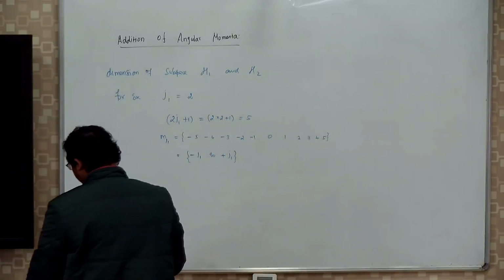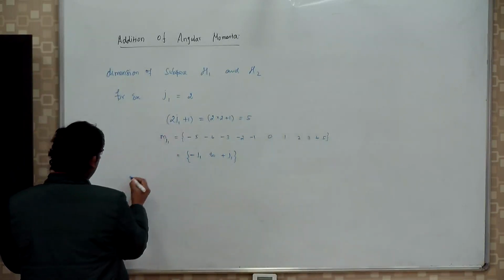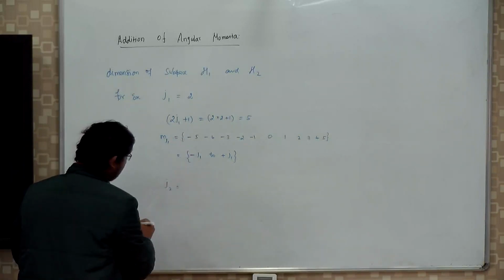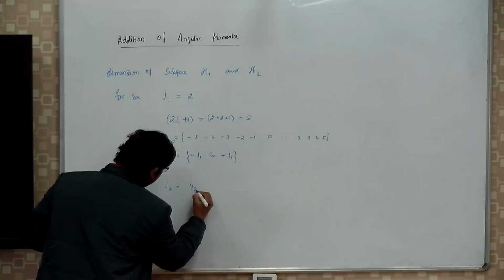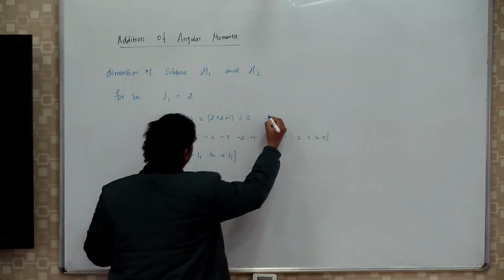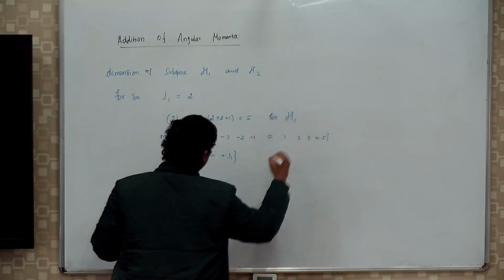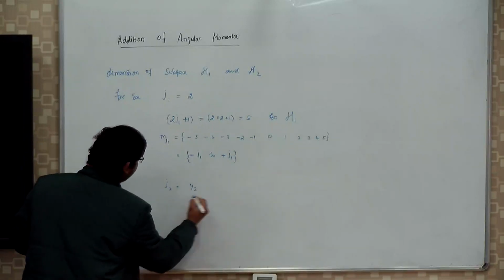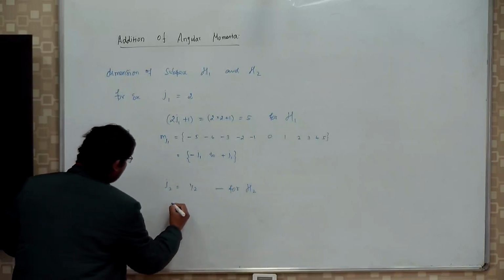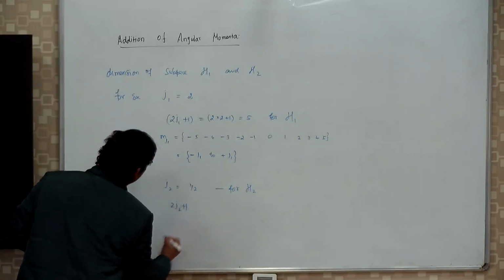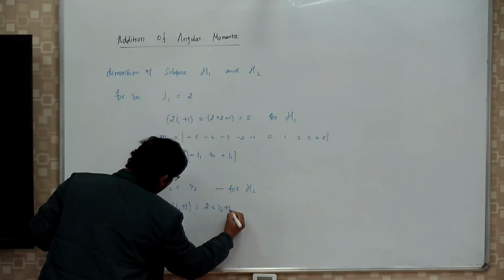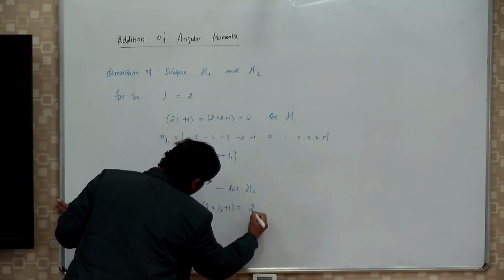Similarly, for Hilbert space H2, you can take any example. Here I am taking J2 as 1 by 2. For H2, the dimension is 2J2 plus 1, which is 2 times 1 by 2 plus 1, and that gives 2.